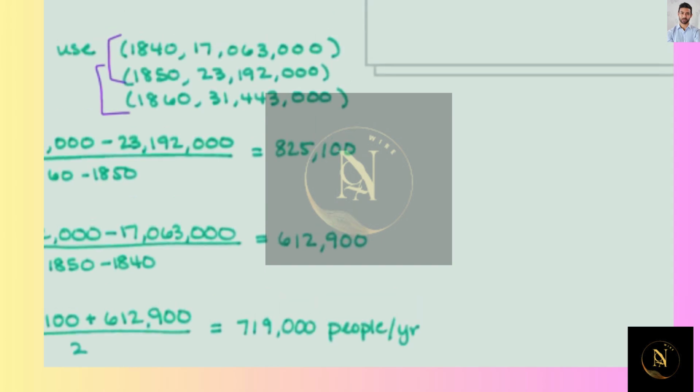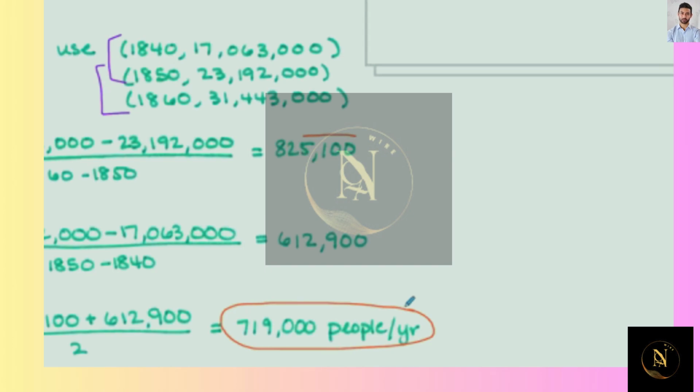Notice the change from what it was in the year 1800, which was 165,550, and what it is in the year 1850, significantly greater. Okay, so that takes us to part C.